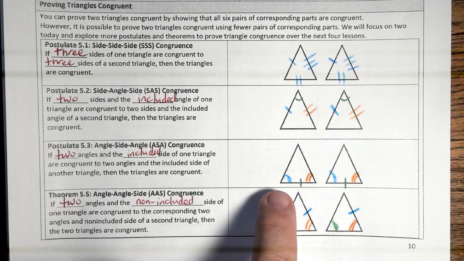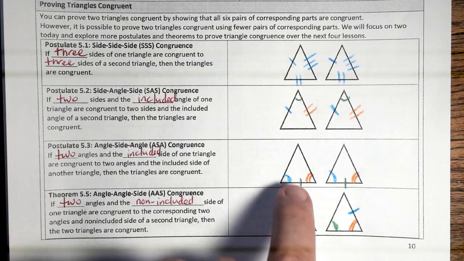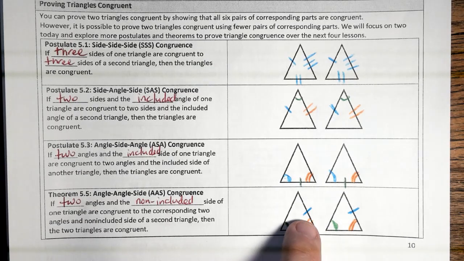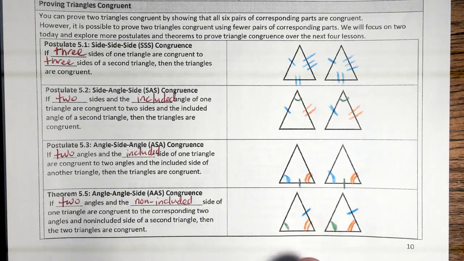So notice up here, angle, side, angle, the side is in between the angles. Angle, angle, side, the side is not in between them. It could be on the left, it could be on the right. I just put it on the right, but it won't be in between the 2 angles.